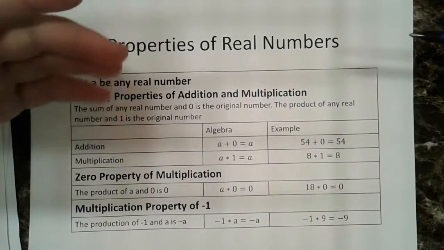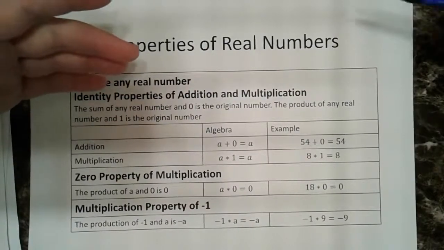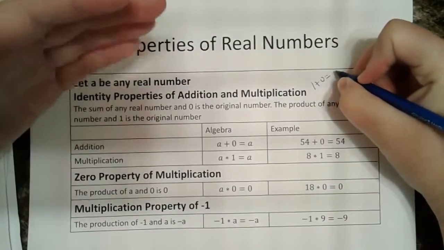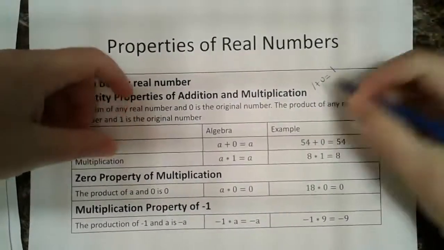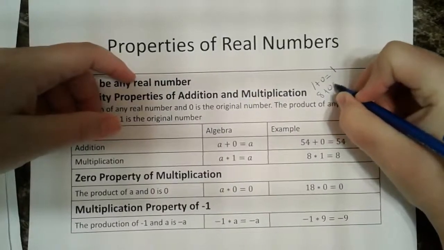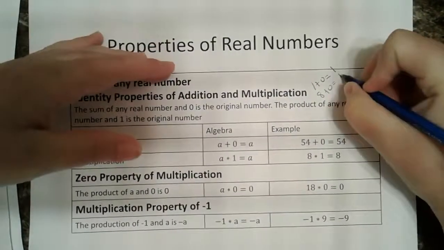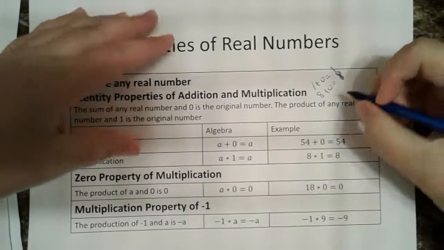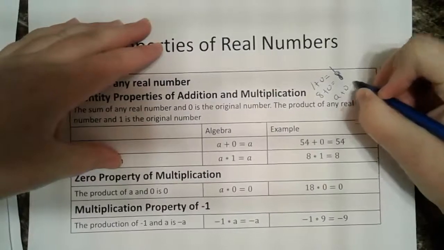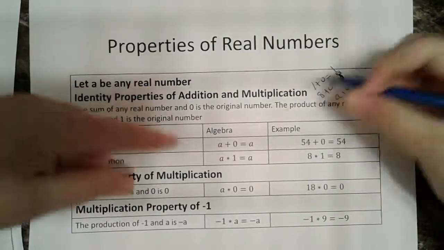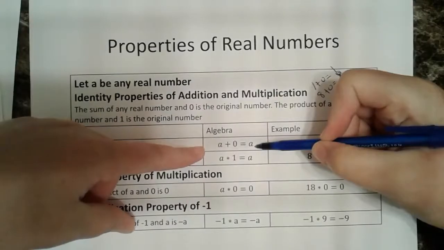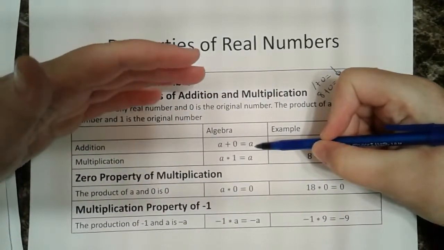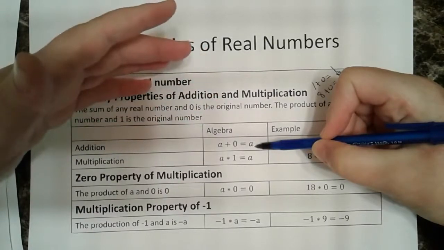So you know that because if you do some examples like 1 plus 0 equals what? 1. 8 plus 0 equals 8. Well, can't I say A plus 0? What does that equal? It equals A. It's the identity property of addition because anytime I add a number to 0, I'm going to get itself.